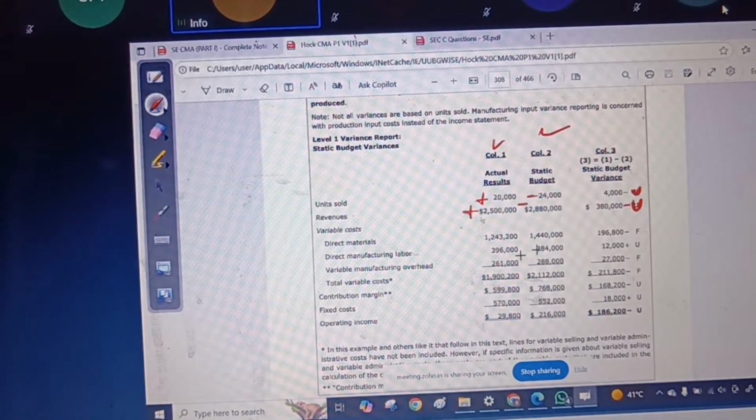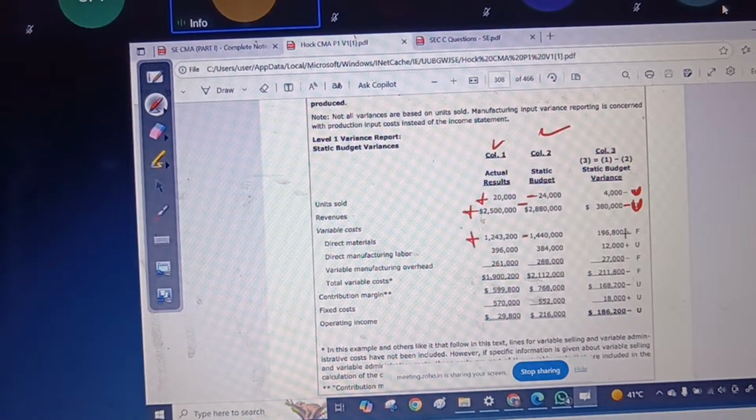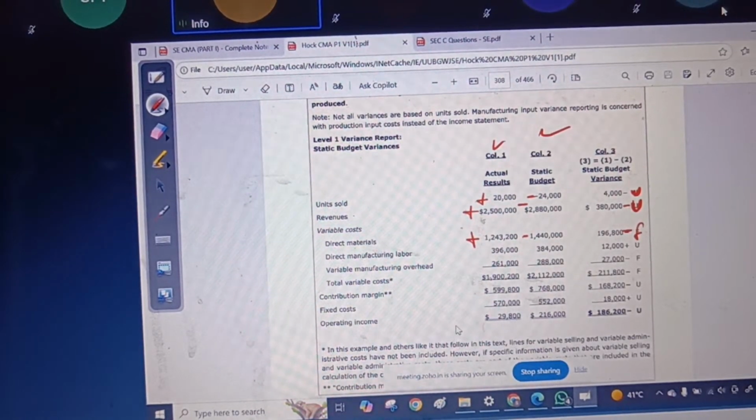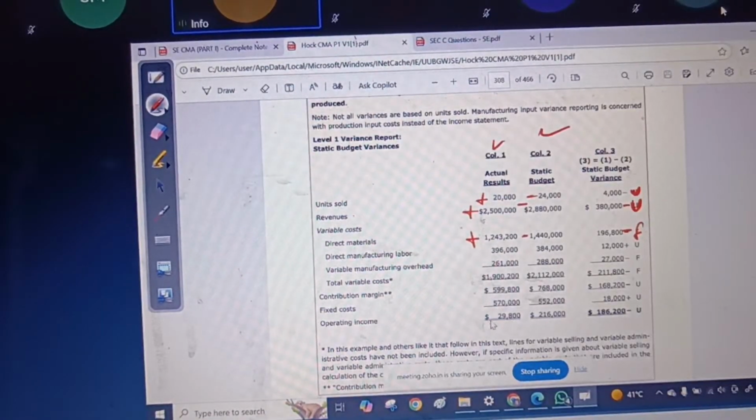Coming to expense, cost, direct materials. It is favorable or unfavorable? It is favorable because actual is lesser than the budget amount. This is a positive amount, this is a negative amount. We are putting the sign of the higher amount, which is negative, but it is favorable. Why is it favorable? Because, obviously, operating income will be higher.